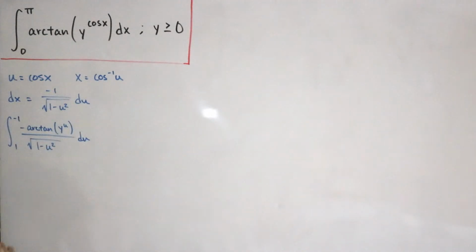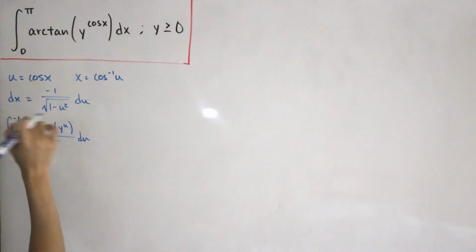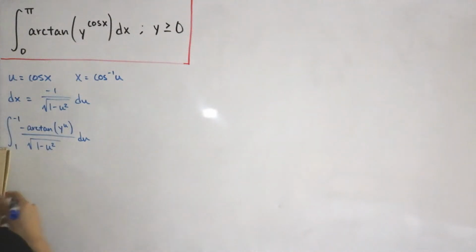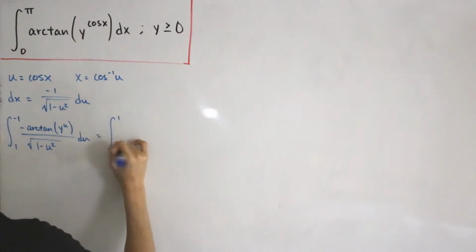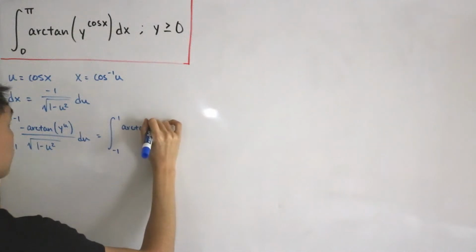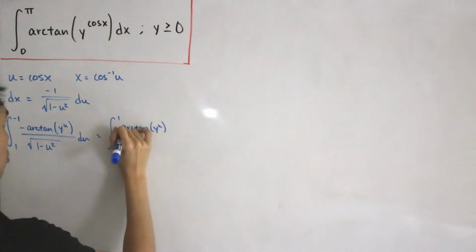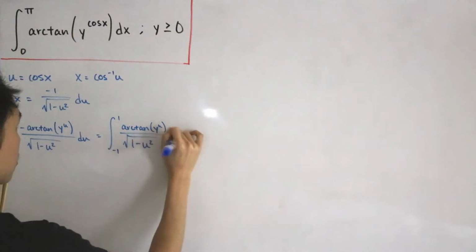Then some things change. We have to flip the bounds, which turns into a negative, but that negative cancels with the other one. So we're now dealing with just the positive: from negative 1 to 1, the same integrand excluding the negative sign, arctan of y to the power u divided by the square root of 1 minus u squared, du.